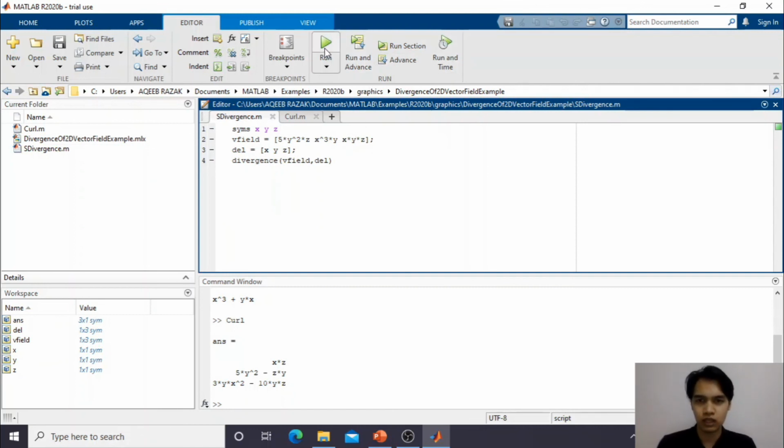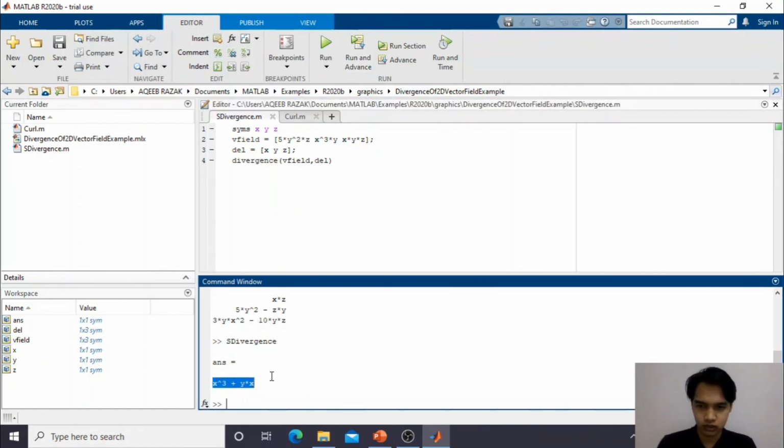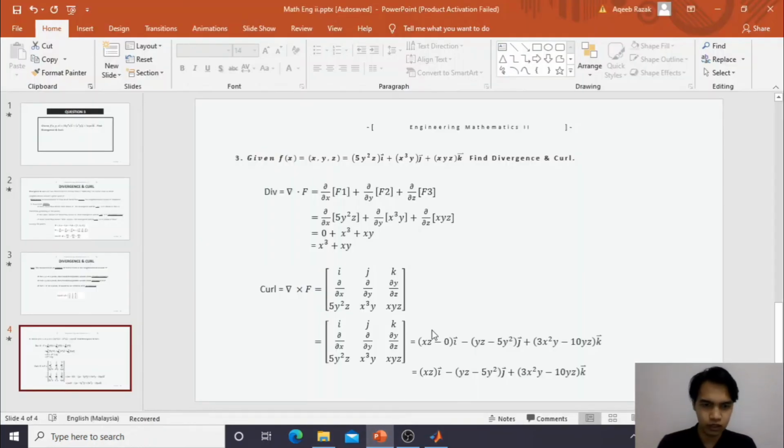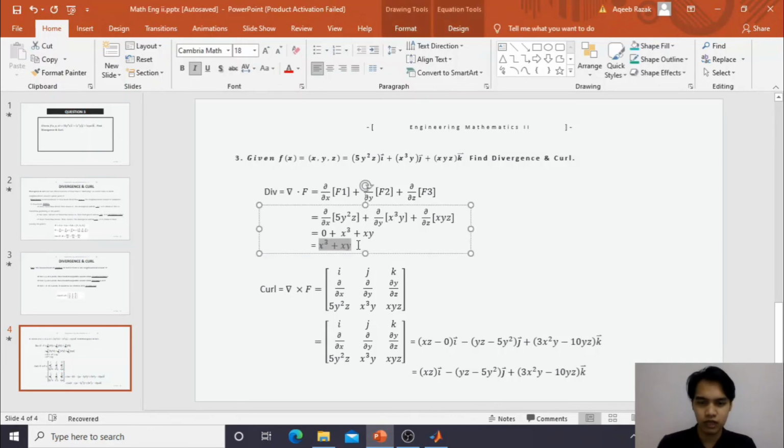Then we click run and the answer will pop up here, x to the power of 3 plus yz. Let's compare: x to the power of 3 plus xy.